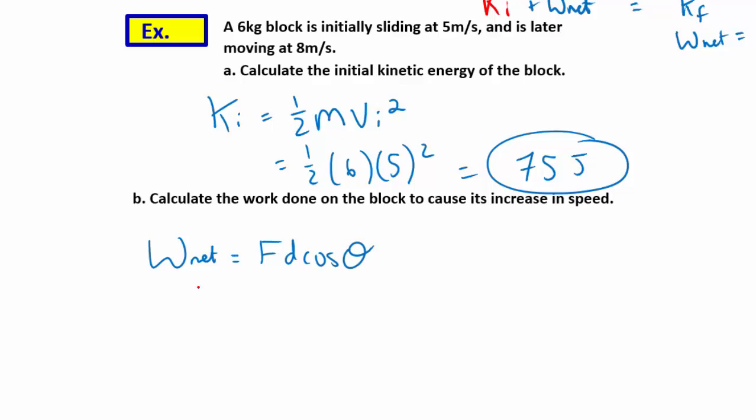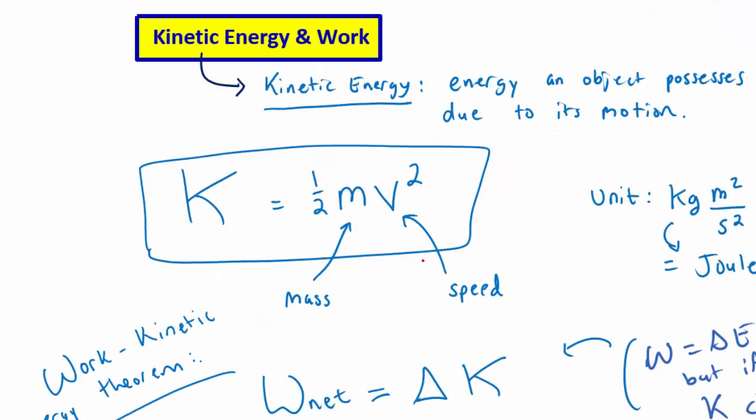Okay, this is true, but probably not useful here, because they don't tell me anything about the force applied, and they don't tell me how far it was moving. So this is not going to be the appropriate way to find the work done. So I know that the work done is the change in energy.